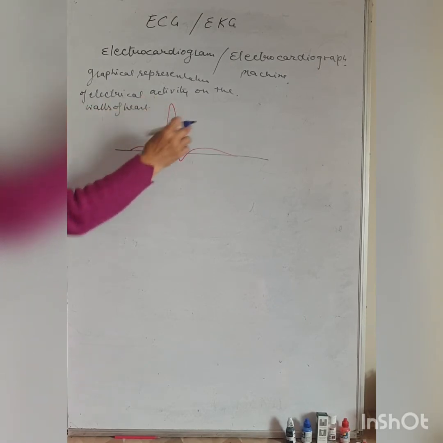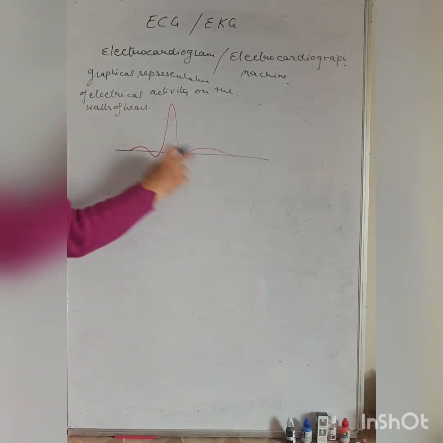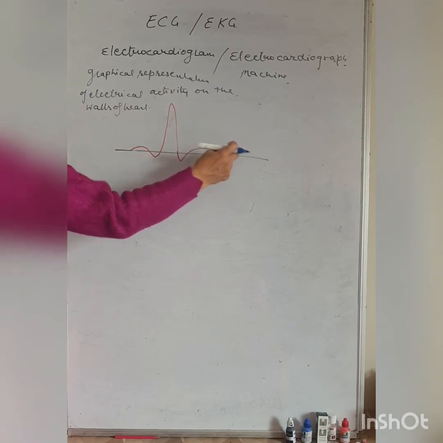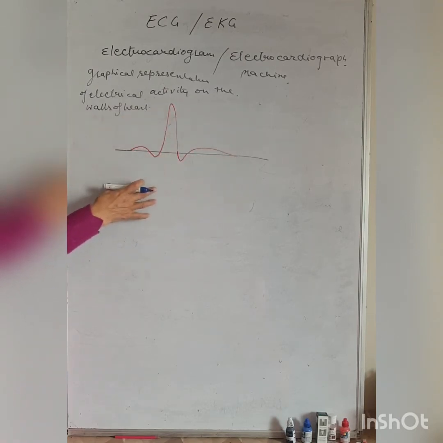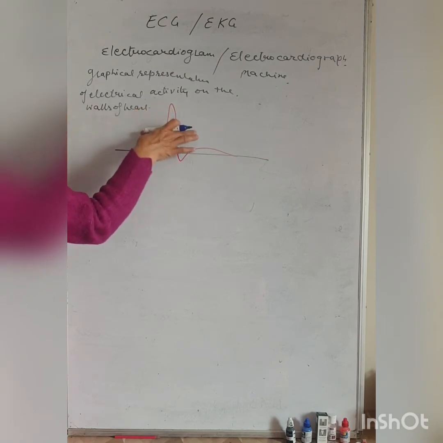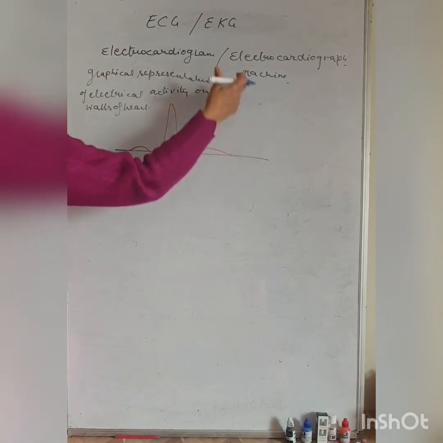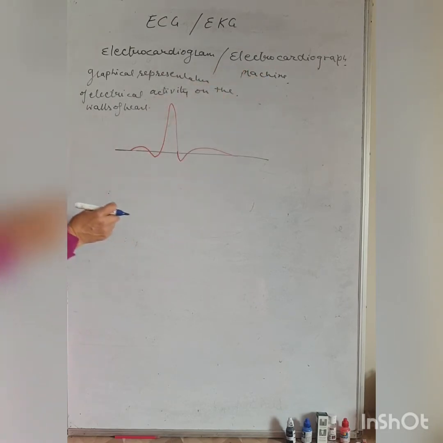We see these wave-like structures on the strips or on the graph paper. So this is an electrocardiogram, and the machine through which these signals are detected is the electrocardiograph.